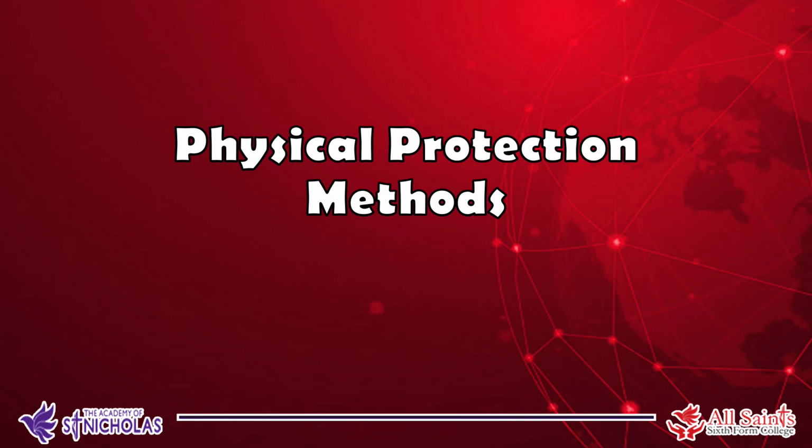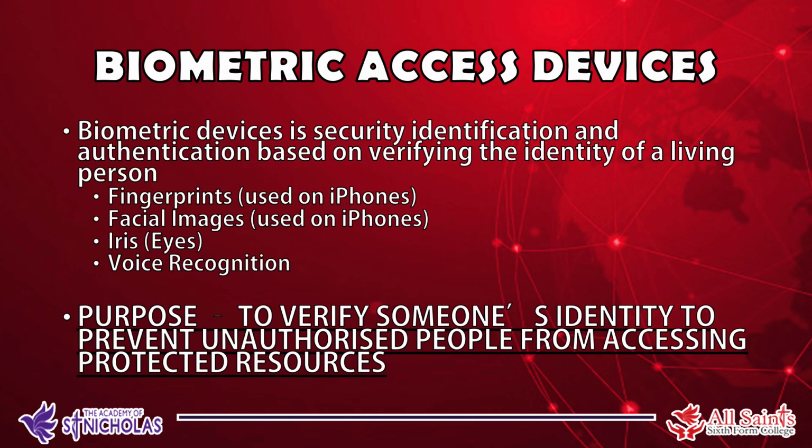Okay, so physical protections. Now these might seem pretty basic, but it's just something that you need to know. So biometrics. That word biometrics basically means using our body in some way to identify ourselves. Stuff like fingerprints, facial recognition, iris scanners, voice recognition, loads of different things. Prime example, an iPhone.